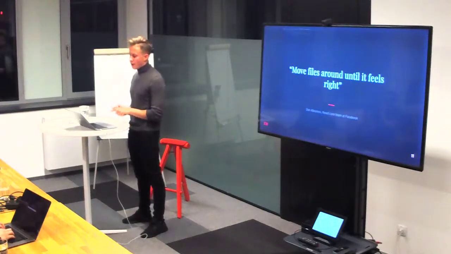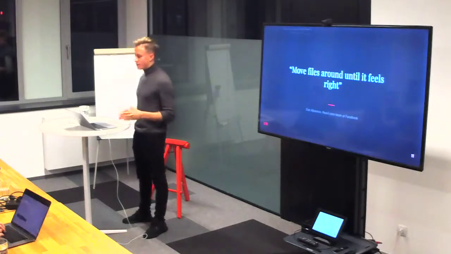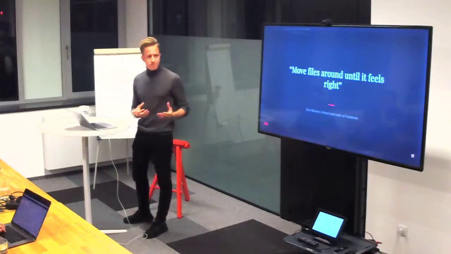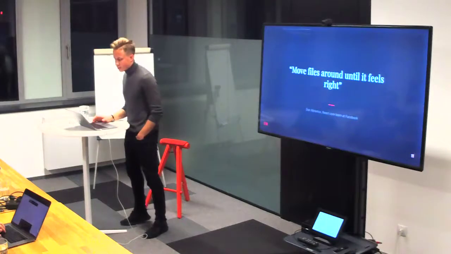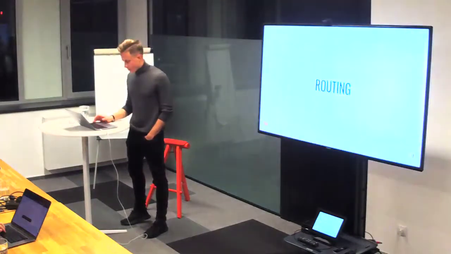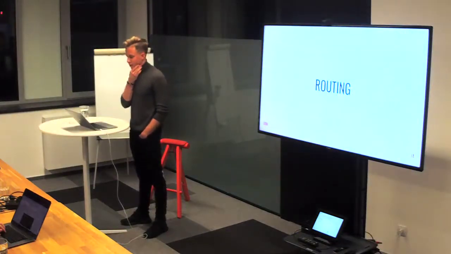So my rule is that I would rather copy paste one thing twice than make an abstraction which is not necessary, because it may hurt the project in the future. Alright, this was the project structure. Let's go into routing.